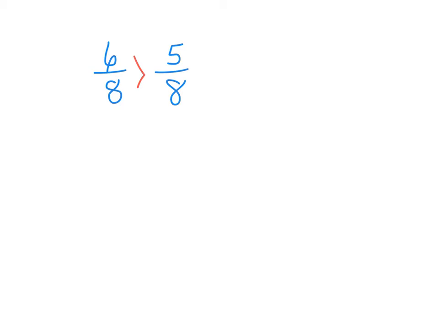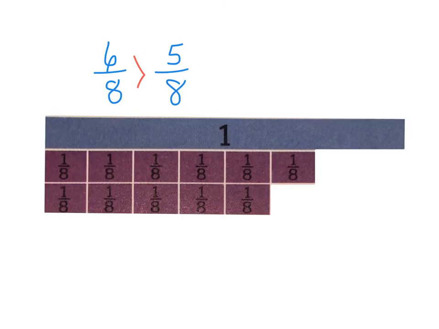Well, when the fractions have a common denominator, such as these two fractions, look at the numerators. The fraction with the greater numerator is the greater fraction. And looking at our fraction strips, we can clearly see that 6/8 is indeed greater than 5/8.